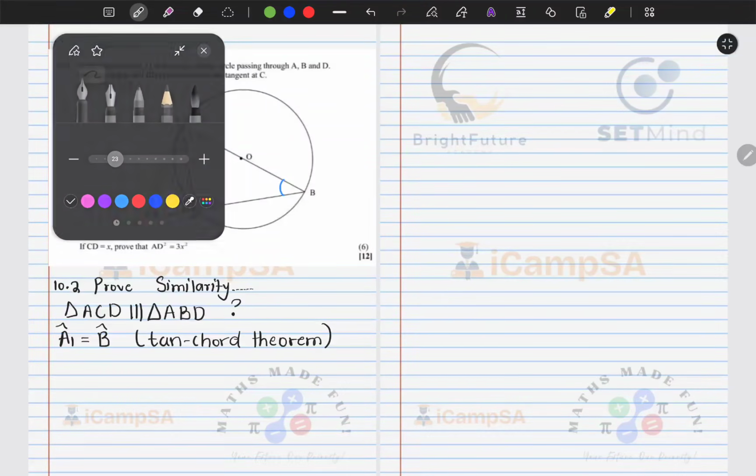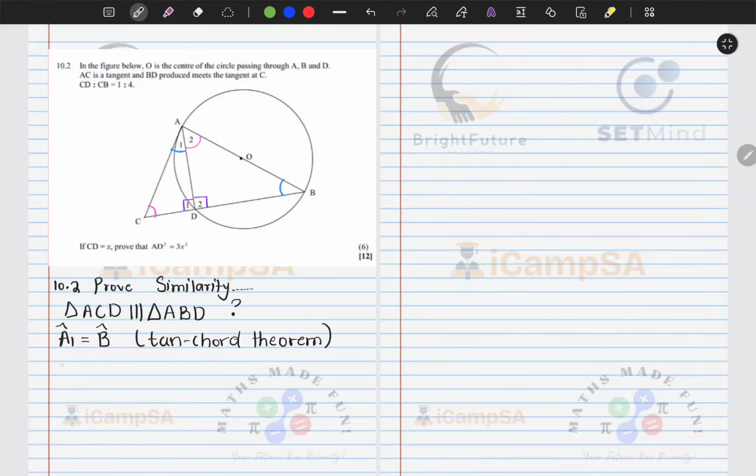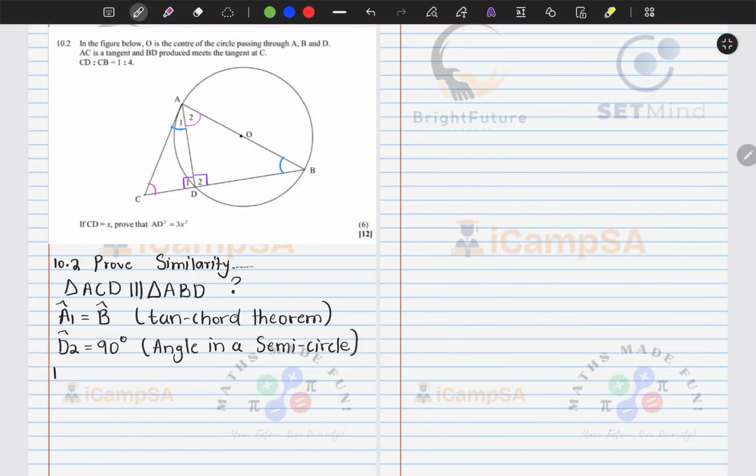And if you observe carefully, you'll see that our angle D2 would be 90 degrees. Okay, then this would be angle in a semicircle. That's the reason. And then you would know that your angle D1 plus D2 should be equal to 180 degrees, and this is angle in a straight line.